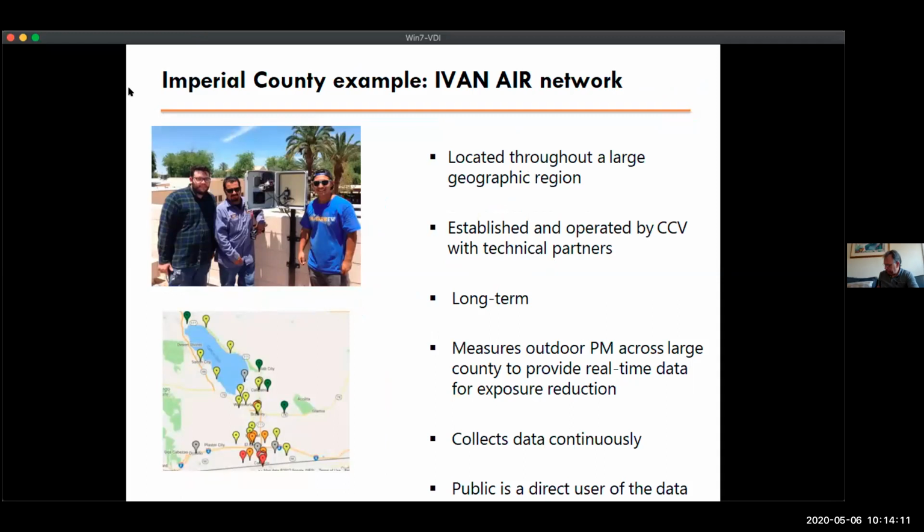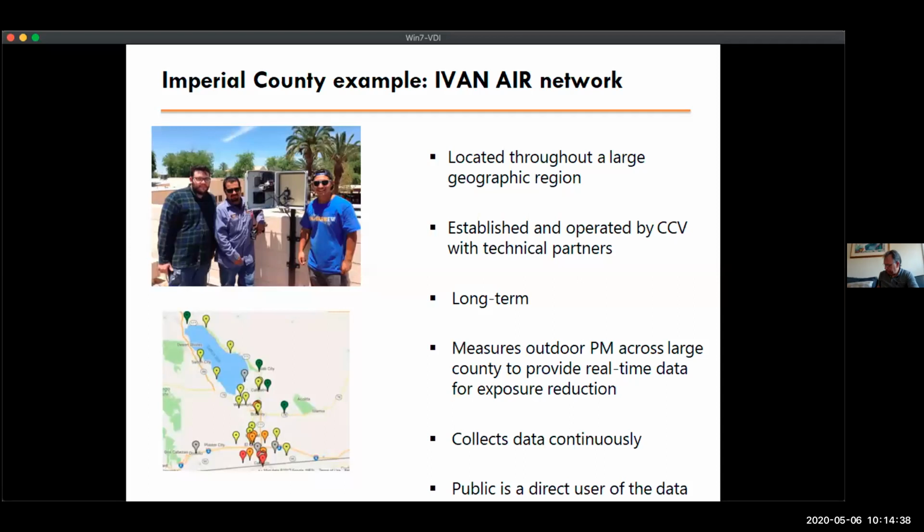The example we'll be talking about throughout is the Imperial County example. Just to give you a sense of how those considerations were applied in the context of the air network there, the Comité was really involved in the entire process from start to finish.